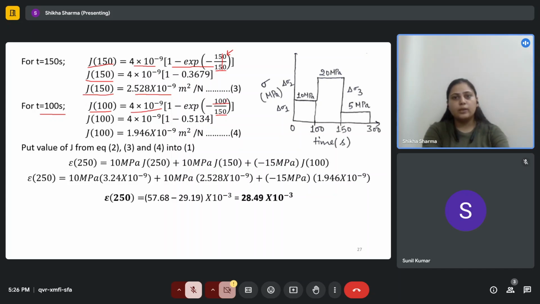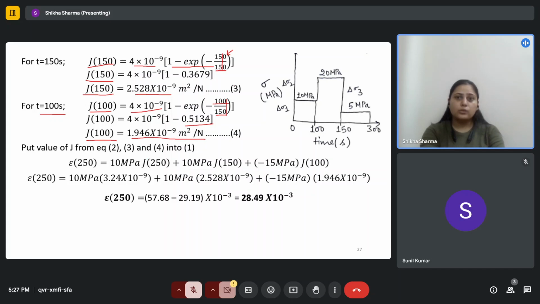So this will be 10 by 15, which is 2 by 3. So exponential minus 2 by 3 equals 0.134. Subtracting from 1 and multiplying by 4 into 10 to the power minus 9 gives the creep compliance at 100 seconds equal to 1.946 into 10 to the power minus 9 meter square per Newton.